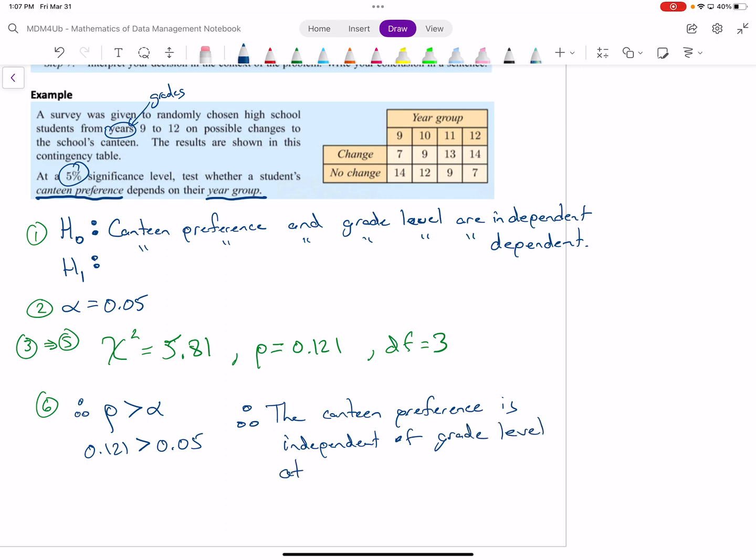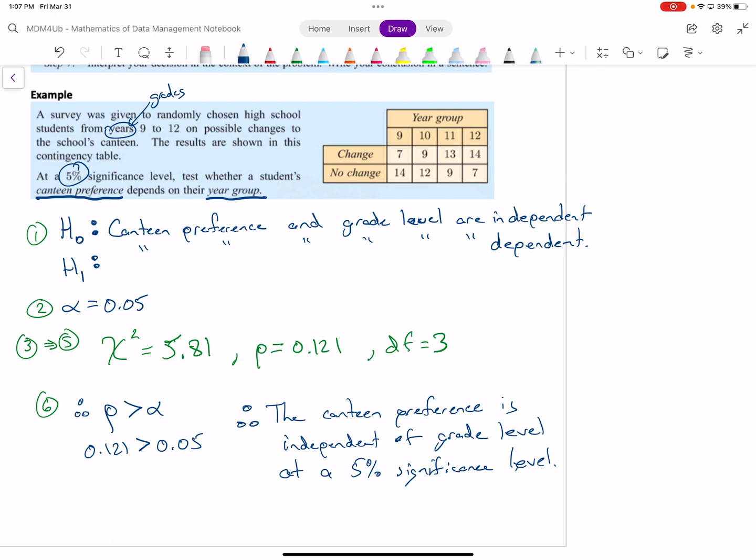And I should include at a 5% significance level, which suggests in this case that there is no relationship between these two things.